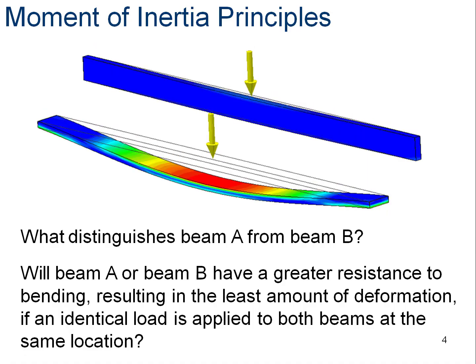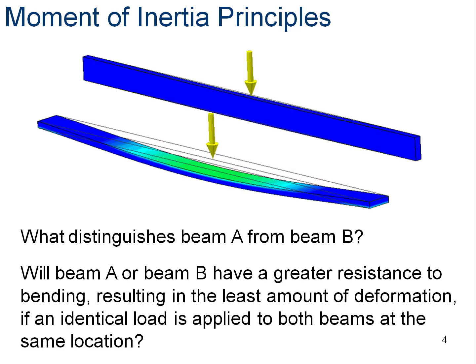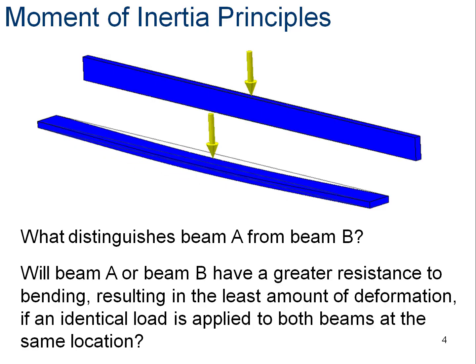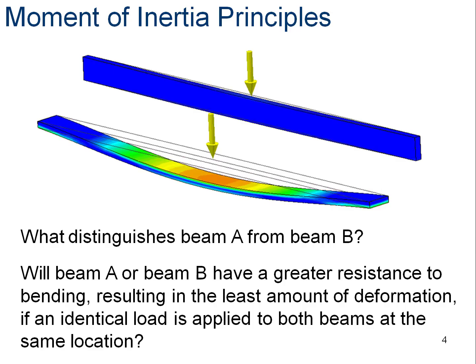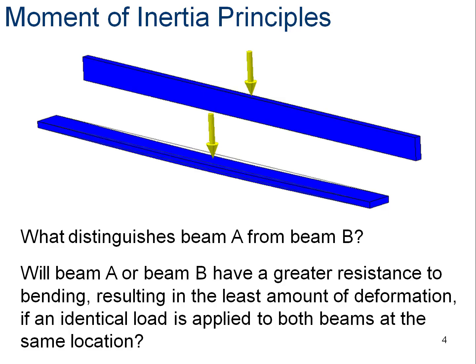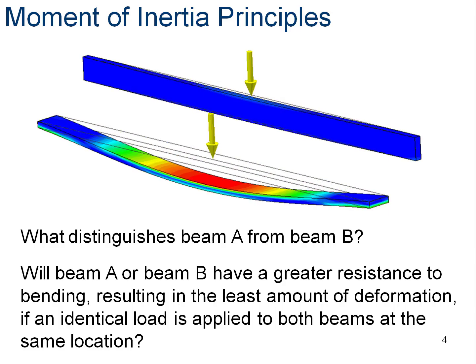So when we look at this, you can see that beam B, the one that is in plank, deforms quite a bit more. So what you're looking at is basically a deformation graph. It's a little cartoonish, so it's amplified, and the red shows the amount of deformation, with red being the most and blue being the least. And you'll see that beam A in joist format hardly deforms at all. Beam B in plank deforms quite a bit.